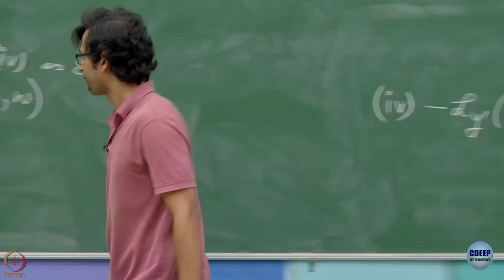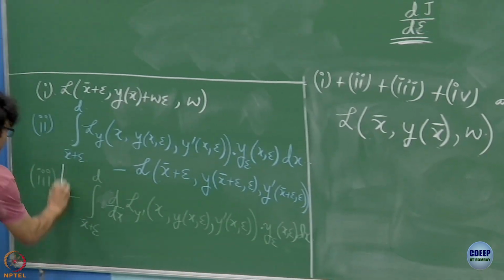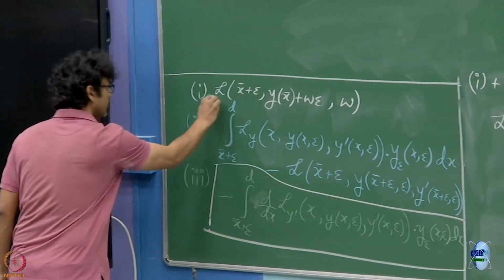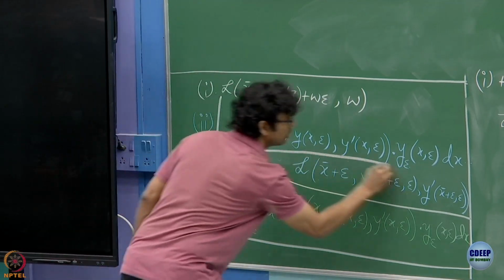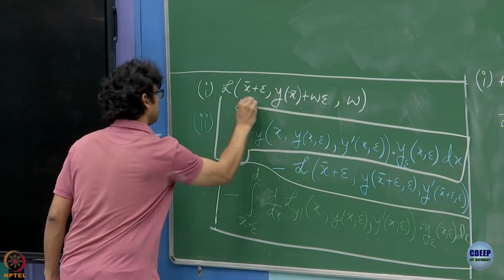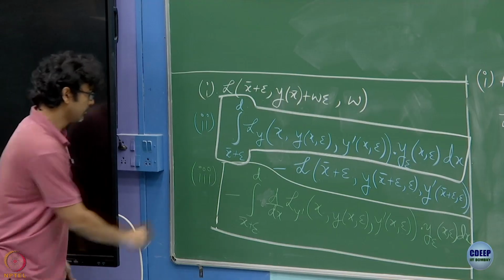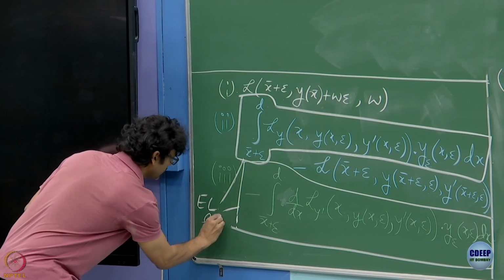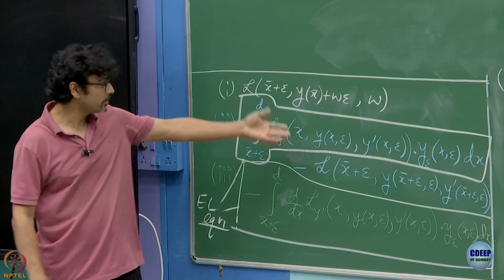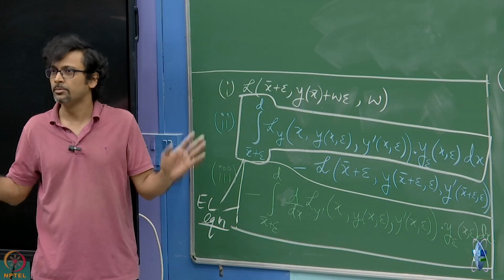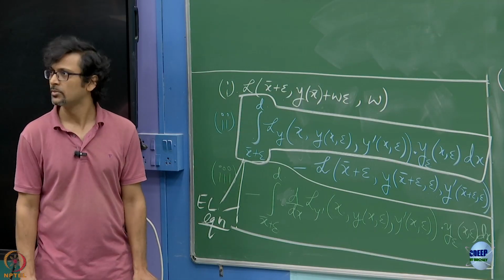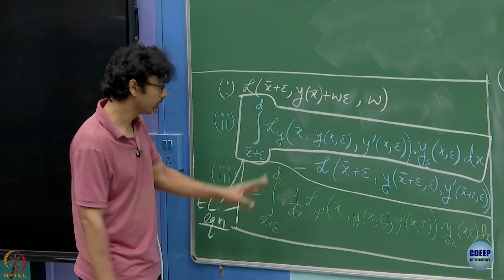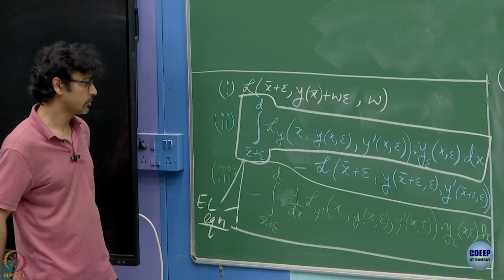So, therefore, the sum of this term over here and this term together, they will give us the Euler-Lagrange equation, which means that they simply vanish. Is that clear? It's important to understand the arguments. Once you follow the arguments, everything else is almost crystal clear.